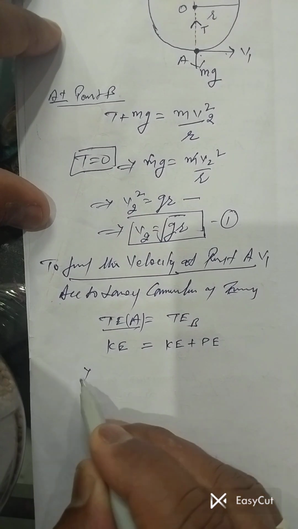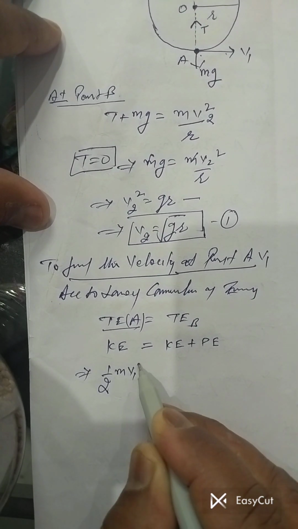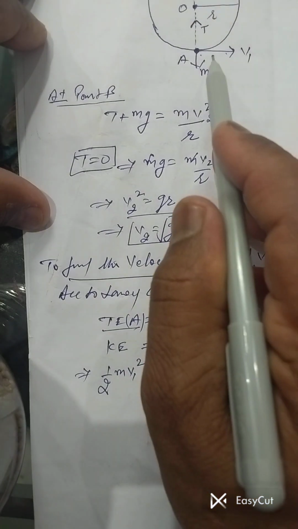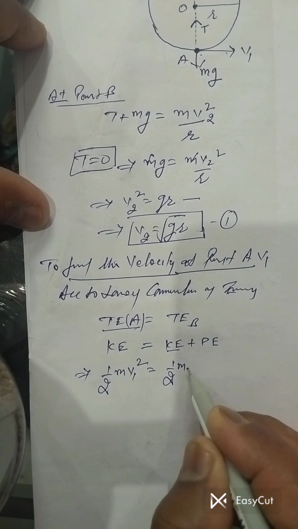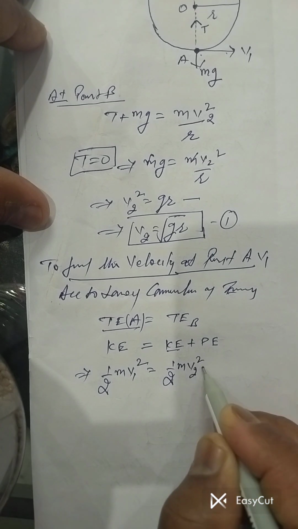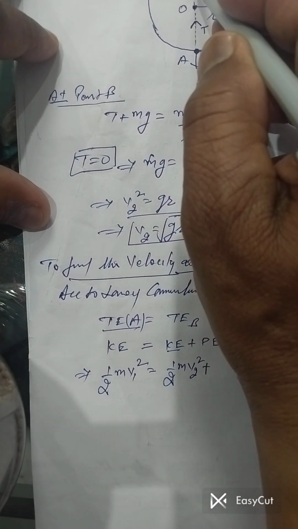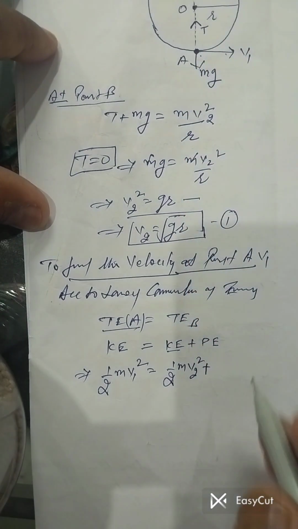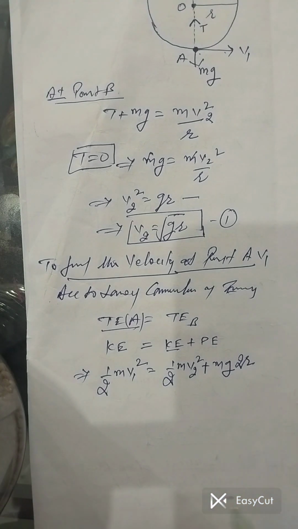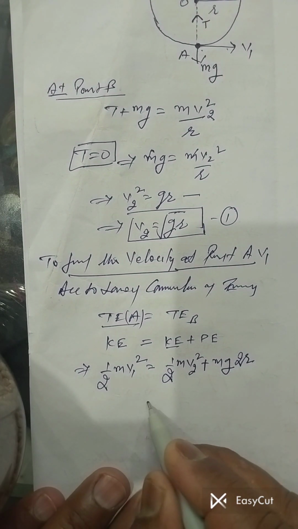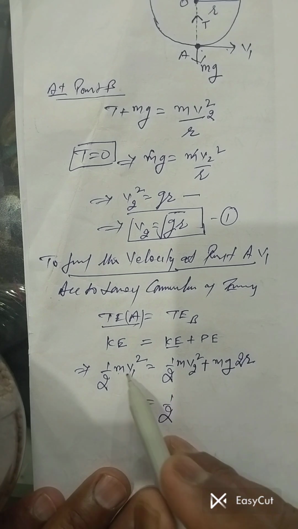So kinetic energy at A is half mv1 square, and kinetic energy at point B is half mv2 square plus the potential energy, which is mgh. Here h is r plus r, that is 2r, so it is mg into 2r. Now m is present in all terms, so m is cancelled.